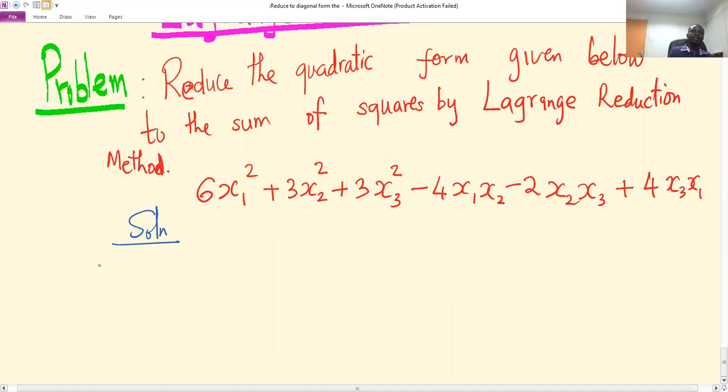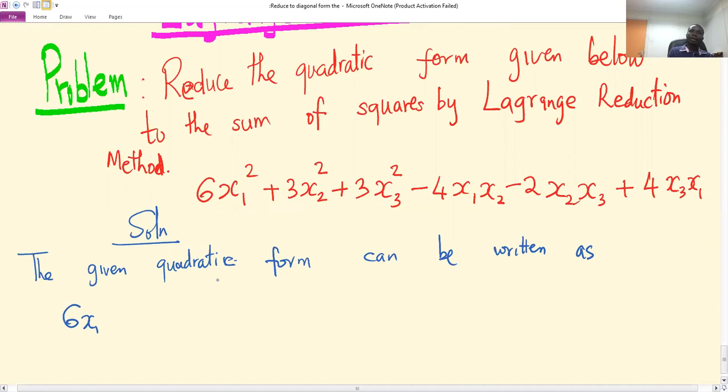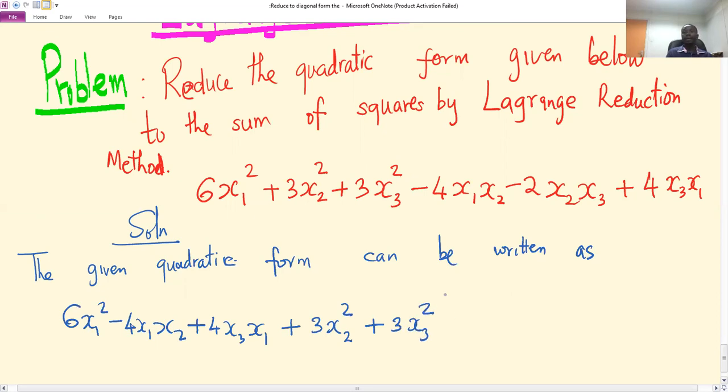So we say the given quadratic form can be written as, so I'll write 6x1 squared, and then I bring minus 4x1 x2, and then I bring 4x3 x1, and then I write 3x2 squared, and then plus 3x3 squared, and then minus 2x2 x3.